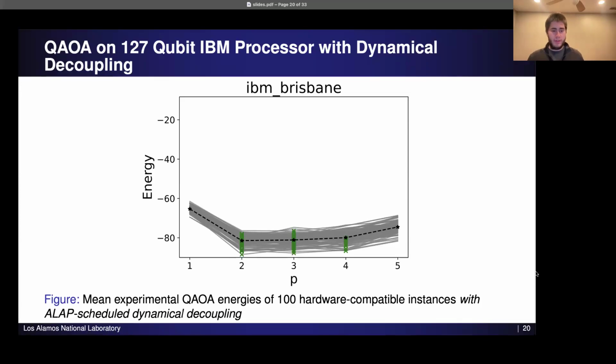This was IBM Brisbane with both ASAP and ALAP dynamical decoupling. This is our best performing result, and you can see the maximum P on average was P equals 2, 3, and a little bit of 4.